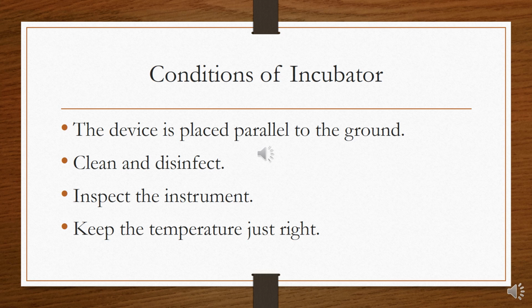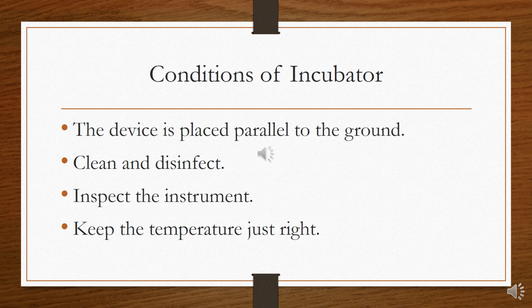Thirdly, inspect the instrument. Before placing the eggs inside the incubator, you have to run the device to see if everything is okay. The temperature in the instrument must be matched with another thermostat.